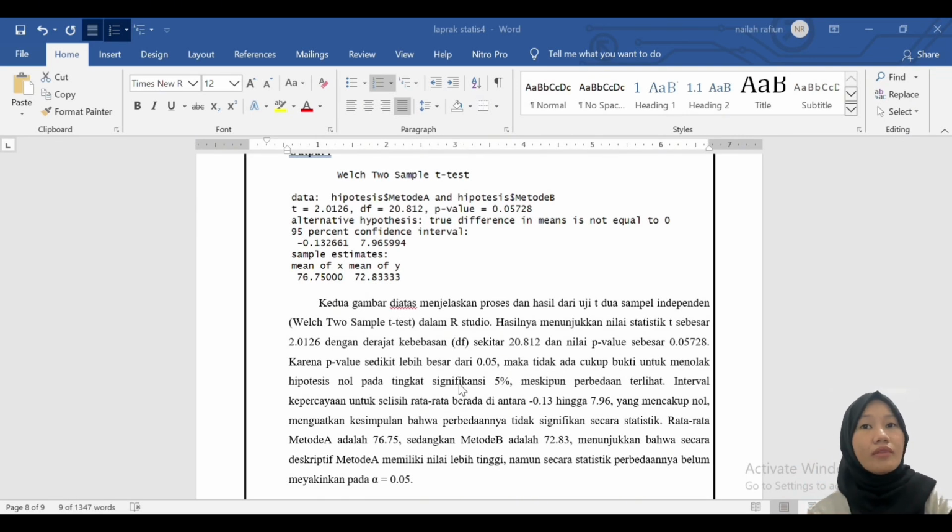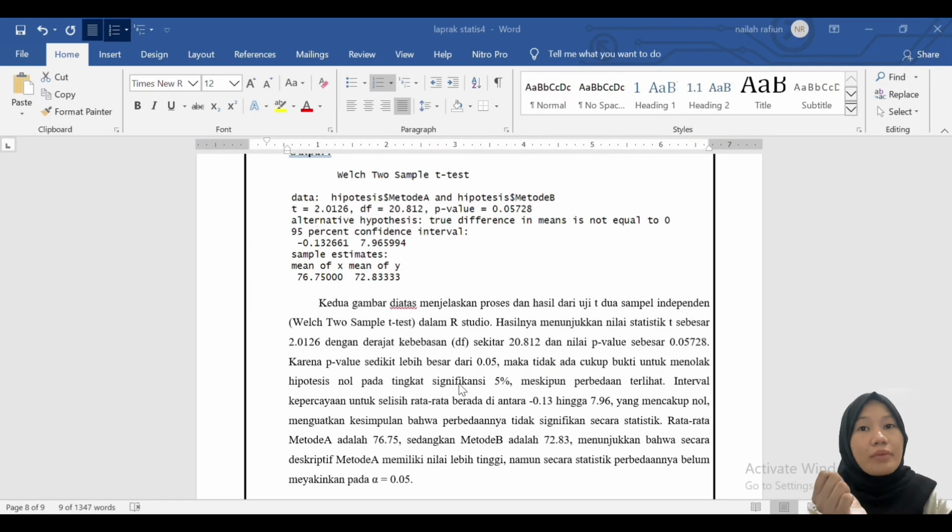the 5% significance level. Even though the difference is visible, the confidence interval for the mean difference is between -0.13 to 7.96, which includes 0, corroborating the conclusion that the difference is not statistically significant.